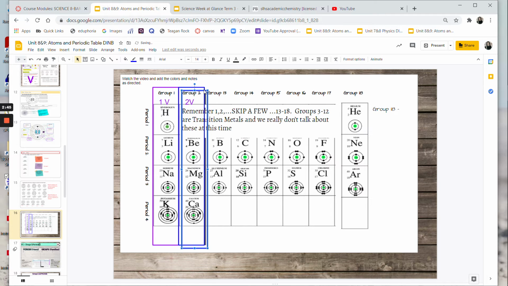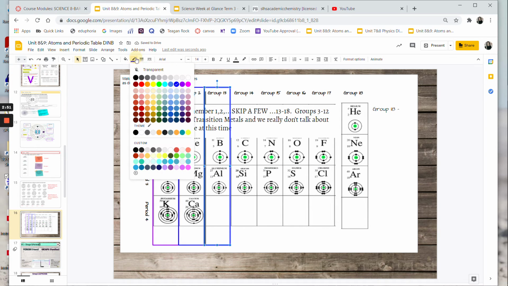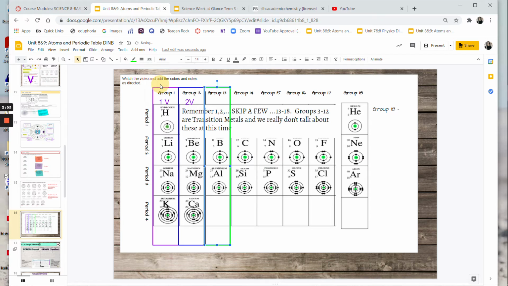And if we look at group 13, put a box around it, everybody in group 13 has 3 valence electrons. Boron has 1, 2, 3, and aluminum has 1, 2, 3. So everybody in group 13 has 3 valence electrons. So you're just dropping the 1 to be able to remember how many valence electrons group 13 has.